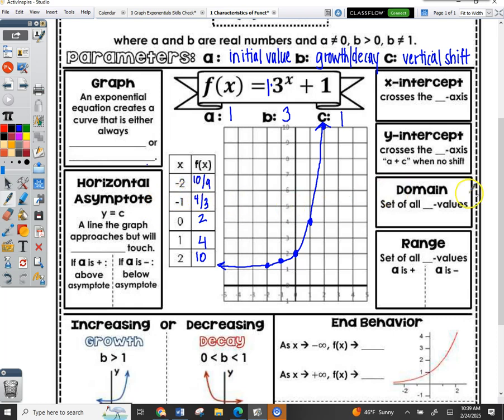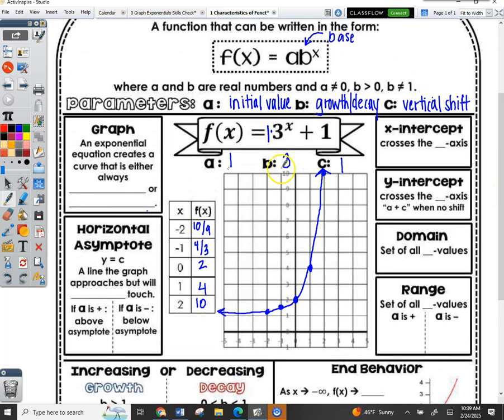Now let's talk about some stuff around it. An exponential equation creates a curve that is either always increasing or decreasing. It's doing one or the other. It's never doing a mix of both. I'm writing. It's always increasing or decreasing.